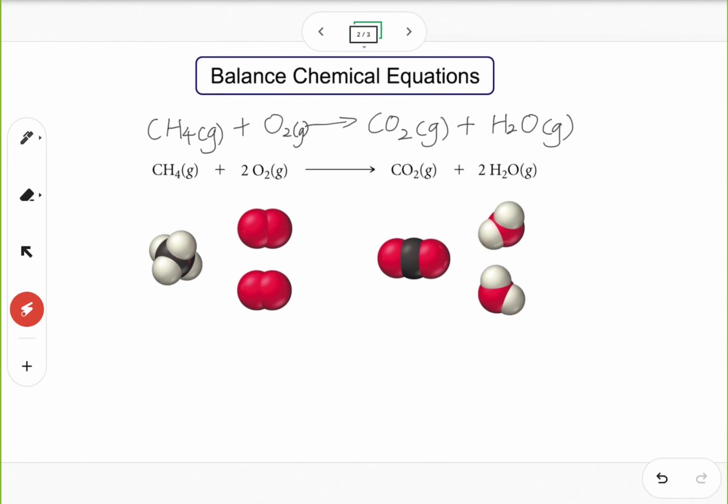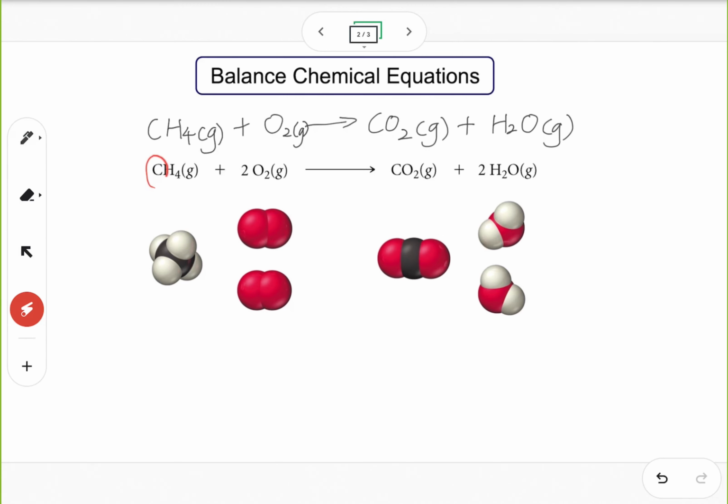So oxygen is balanced. Now, how about hydrogen? Remember, now you have 4 hydrogens on the reactant side, and you have 2 water molecules on the product side, and each water molecule has 2 hydrogen atoms, so 2 times 2, you have 4 hydrogens on the product side. So hydrogen is balanced.